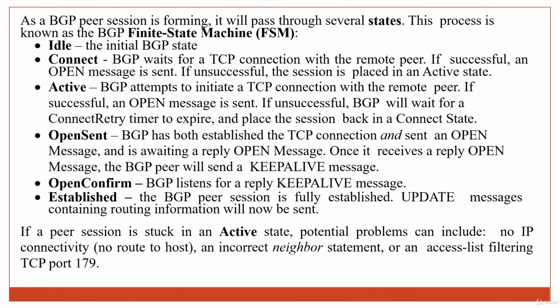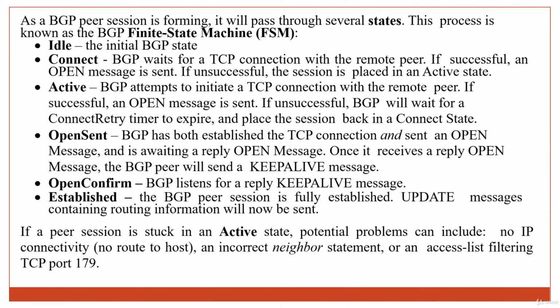Those are idle, connect, active, open sent, open confirm, established. Correct? So idle means that it is initiating the BGP state, then connect, that you are waiting for the remote peer, active, that you are actively initiating the connection.